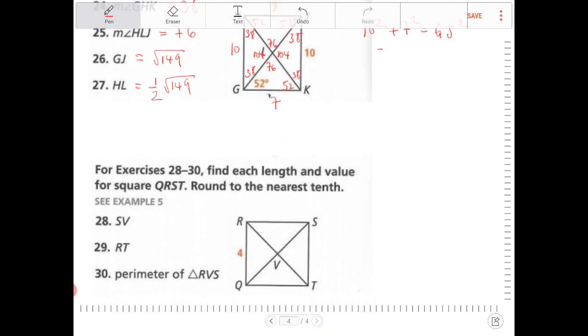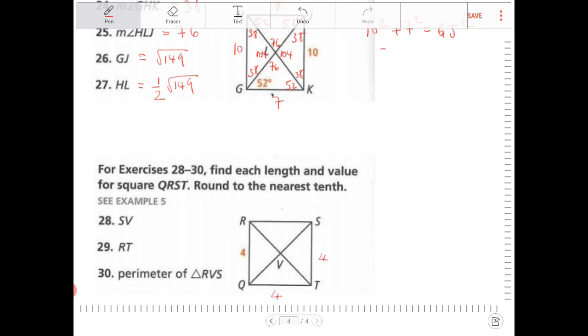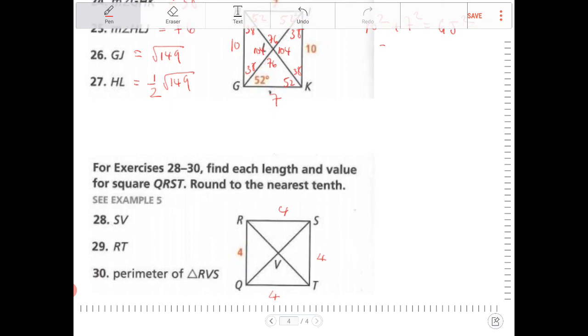All right, last problem set of this assignment. I'm told that QRST is a square. Find each length and value for QRST, round to the nearest tenth. So I'm told one of the side lengths is 4. So that means the diagonal RT is equal to the square root of 4 squared plus 4 squared.